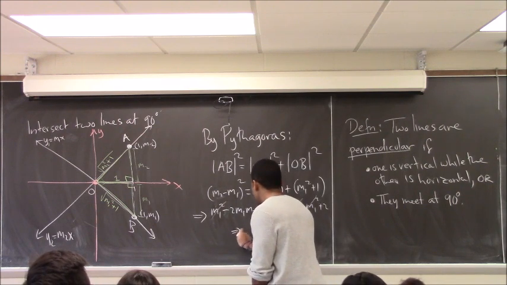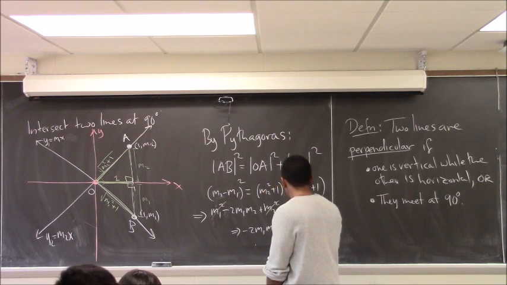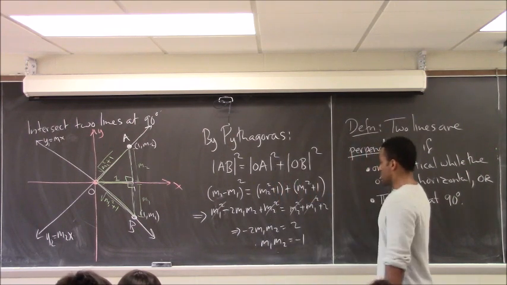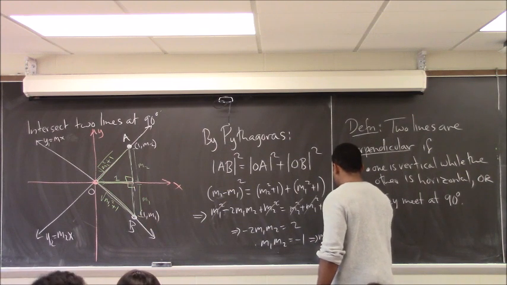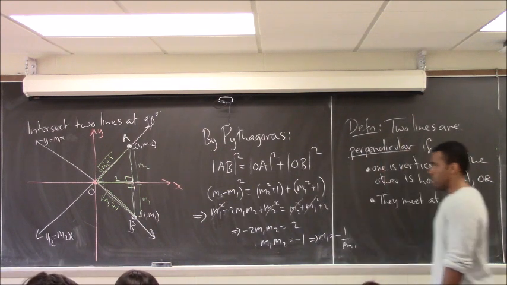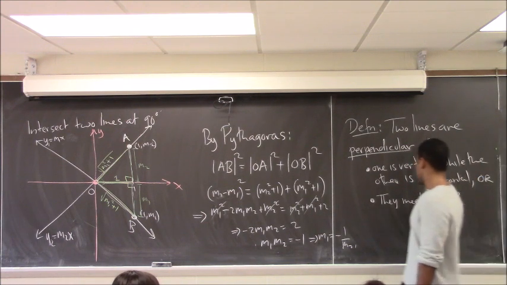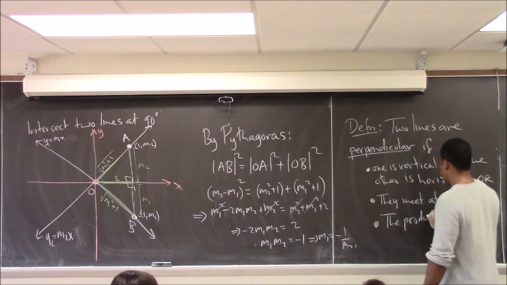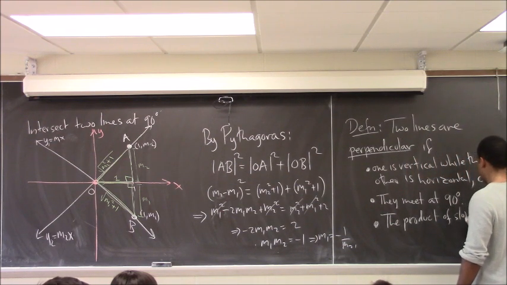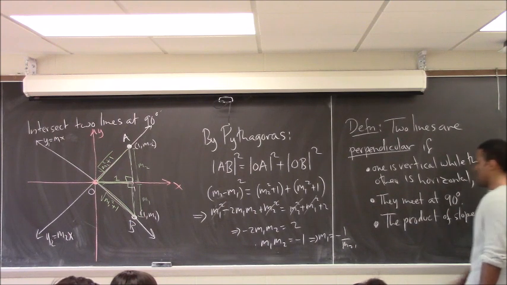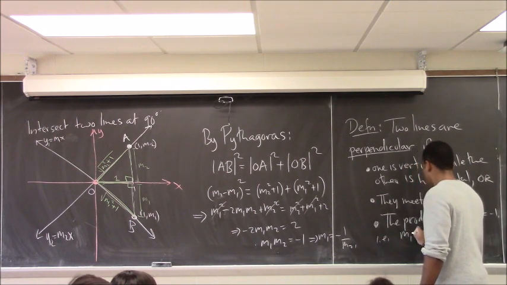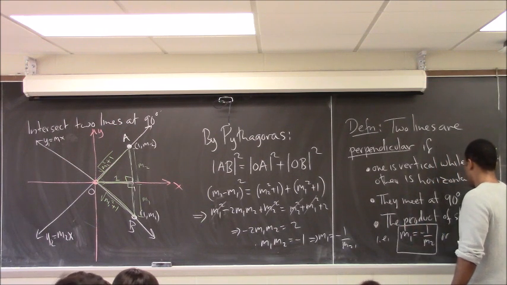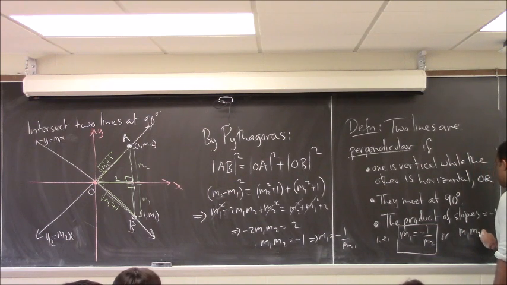Now what you're going to have is minus 2 m1 m2 is equal to 2, or m1 m2 is equal to minus 1. So this means your m1 is going to be minus 1 over m2. This characterizes perpendicular lines, so you can realize that the product of the slopes is minus 1, i.e. m1 would be minus 1 over m2, or m1 times m2 would be minus 1.